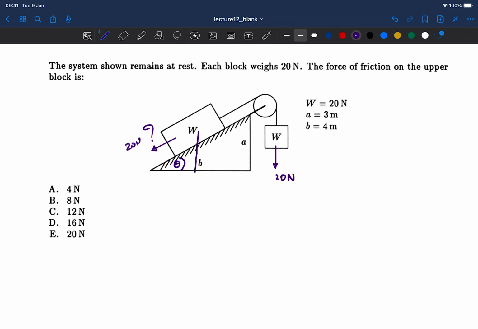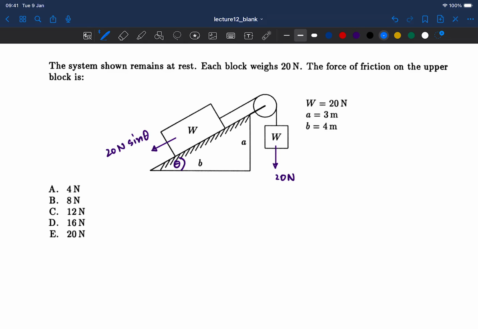So 20 newtons is pointing down, but the normal force kind of partially helps with that. So this is 20 newtons times sine of the angle. So it's probably good to calculate the geometry of this triangle first.